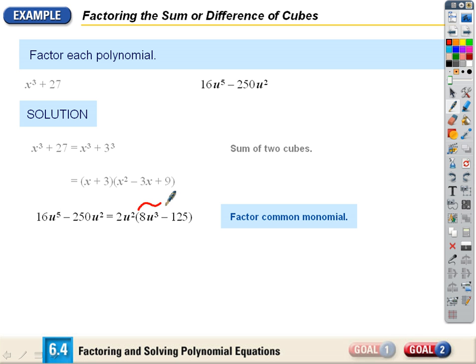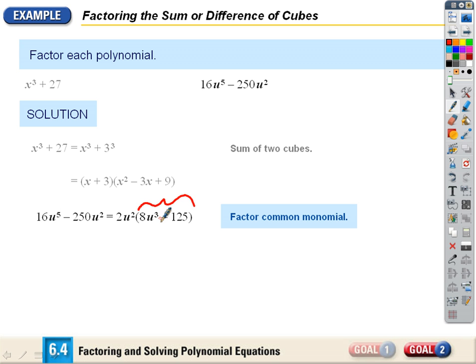Okay, the first part's done. We got a monomial factor, a single term, that factored out. What about the other part that's left, the 8u cubed minus 125? How many terms are in that factor? 2. So maybe it'll fit one of those factoring patterns that involve 2 terms. Which one could it fit, possibly? What's the only pattern that would make sense to apply here?